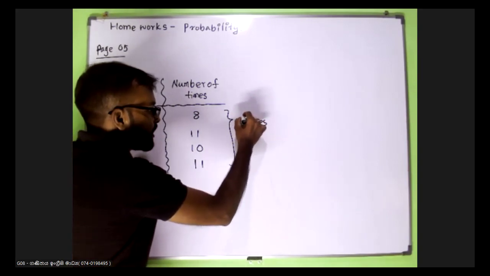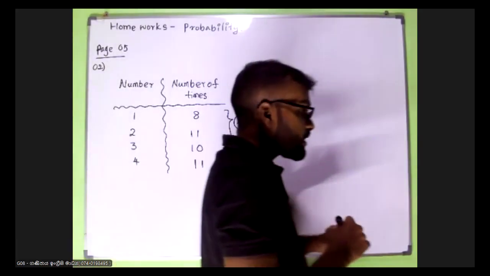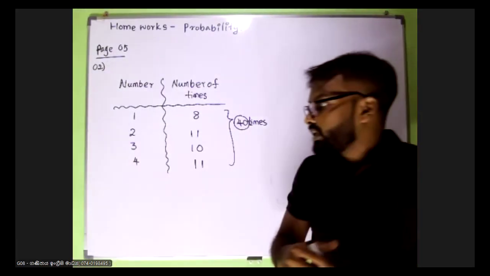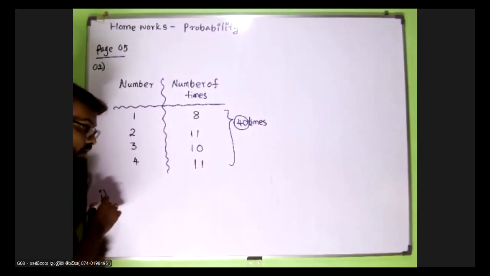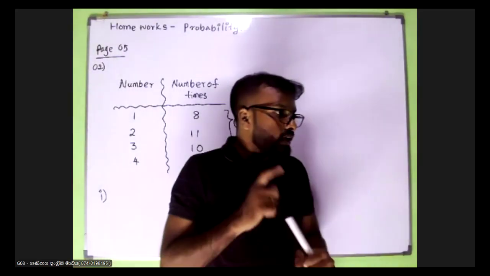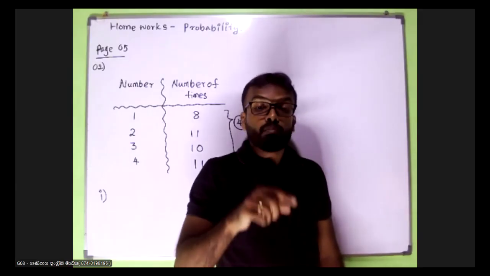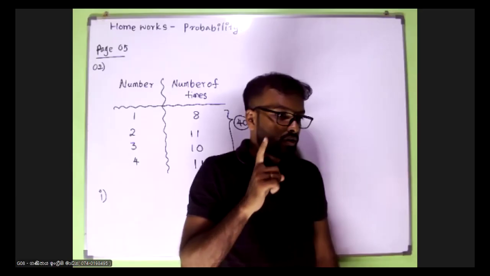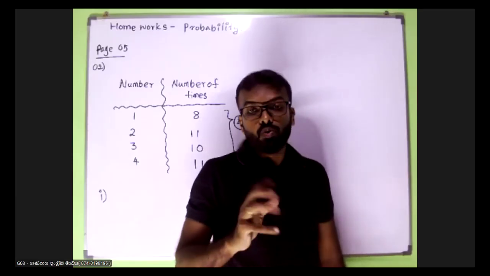Altogether there are 40 tosses. Then the first question they are asking: find the experimental probability of getting the number 2.